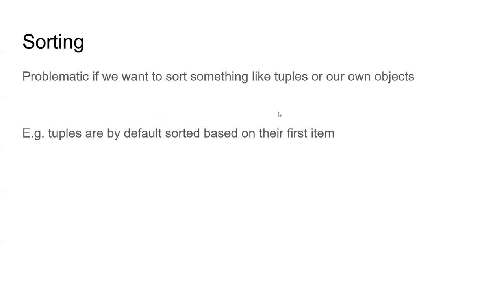So we've been sorting some things already. We know how to sort out a list of numbers, and we know how to sort out a list of strings, for example, and then we talked briefly about sorting our own objects, which is fine if we only want to sort our own objects by a specific criteria.